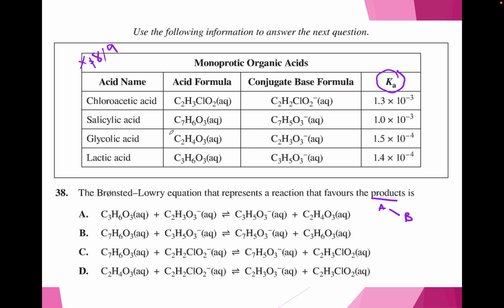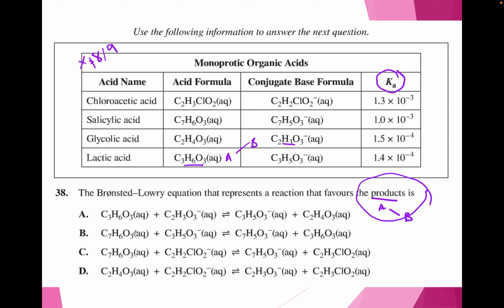So coming over here, looking at the reactions, I can take a look at the first one. I have this acid here, and I have C2H3O3. So C2H3O3 is here. So here your acid is lower than your base. So that would mean reactants are favored because we need acids higher than your base. So it won't be the first one.